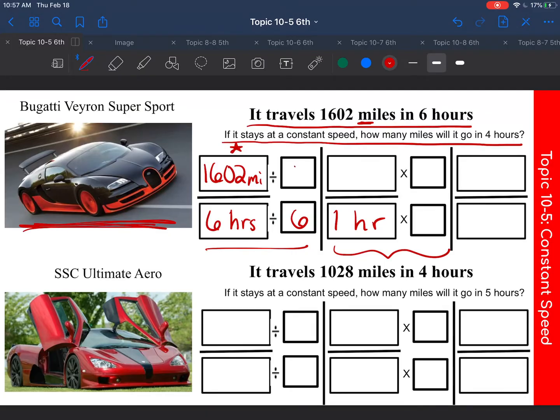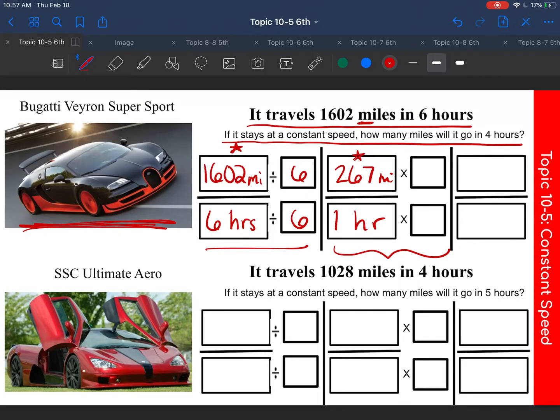Whatever we do to the bottom, we do to the top. And I will let you use a calculator for this. You get 267 miles. Wow, look how fast that car goes. 267 miles in 1 hour. Usually on the highway, the speed limits are 65 miles per hour. This car goes 267 miles per hour.